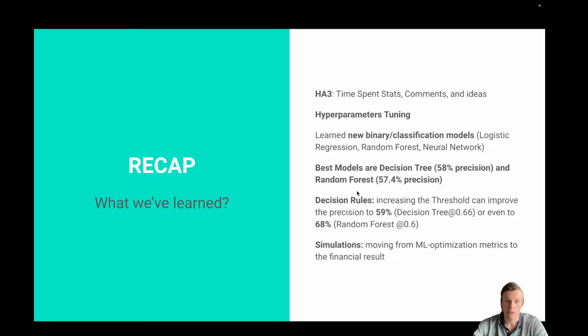And then we tried to tune the models and try to define a slightly higher thresholds for decision rules, and we came up with a higher precision, 59 and 68%.